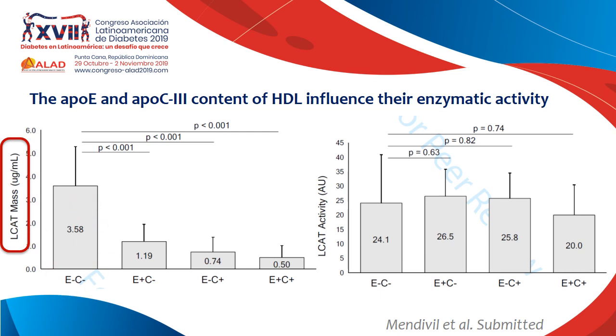So in a way, this could be interpreted as saying that HDL with ApoE but without ApoC-III has a hyperactive type of LCAT. Some kind of associated factor, or maybe the apolipoproteins themselves, influence the activity of LCAT, so that with lower concentrations they achieve the same enzymatic activity as other fractions, which is in line with what we found in the kinetic studies.